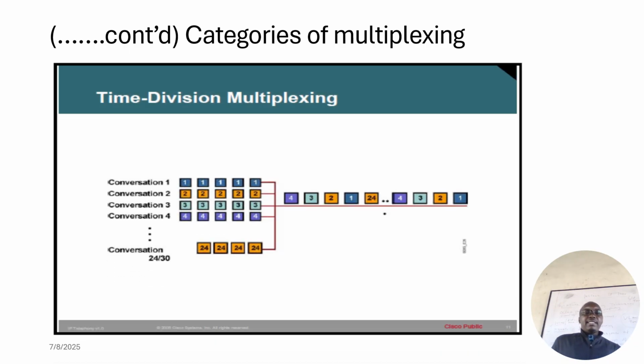So you have that time division multiplexing. You have conversation 1, conversation 2, conversation 3, conversation 4, and then conversation 20 to 30. Once they are being sent in terms of slots, we call it the time slot.